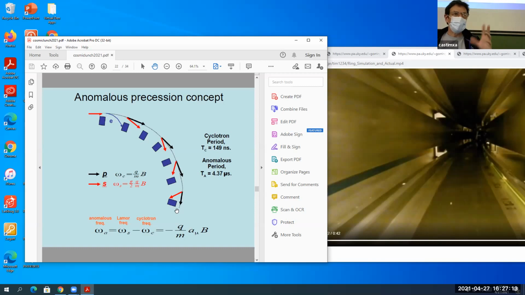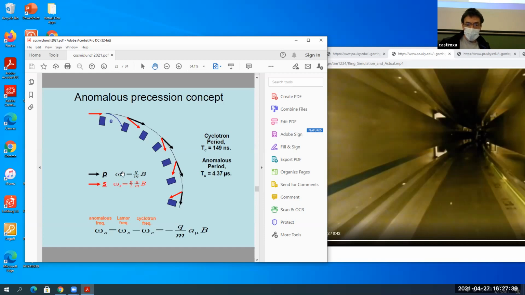So that's the kind of scale of it. Now, with some basic 232 physics, you can write down, you probably did this in 232, what we call the cyclotron frequency. It's the rate at which the momentum rotates. And you can also write down what's called the Larmor frequency. It's the rate at which the spin rotates.